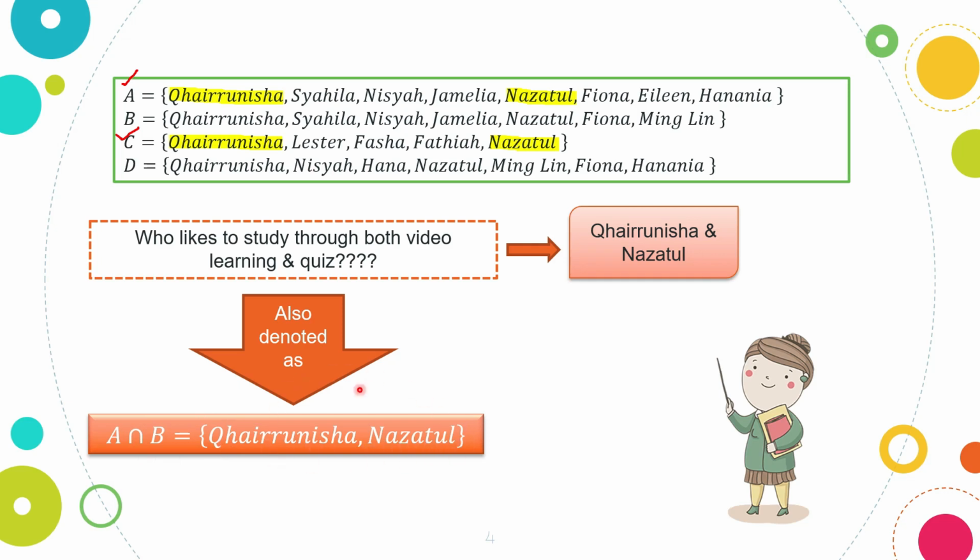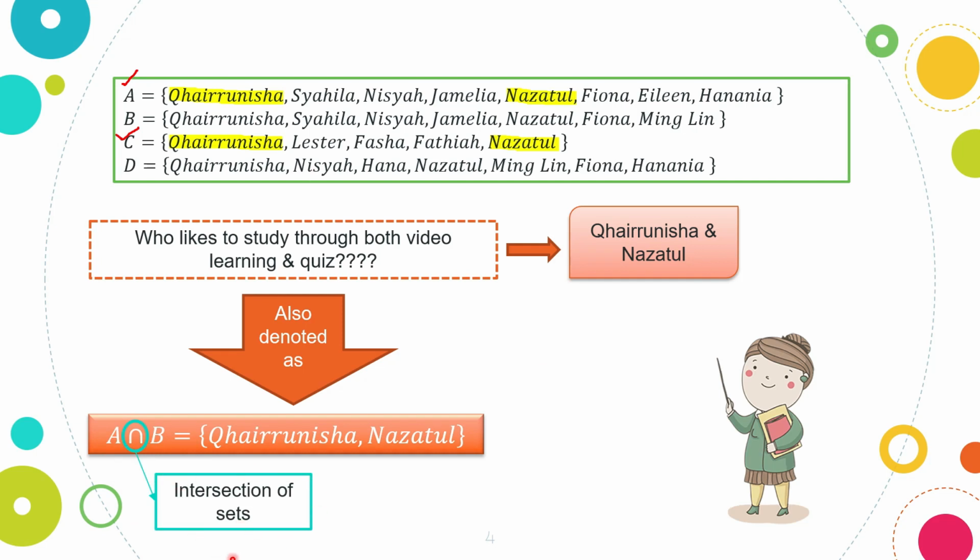This is the list of the names who like to study through both video learning and quiz. This is the meaning of this set notation. This N-like symbol is the intersection of sets.